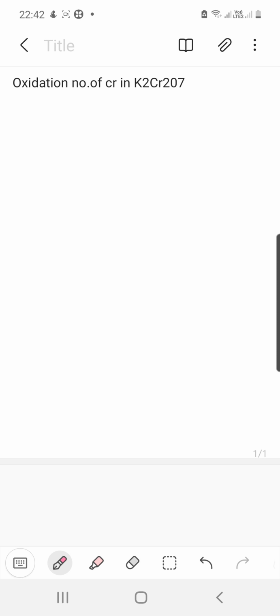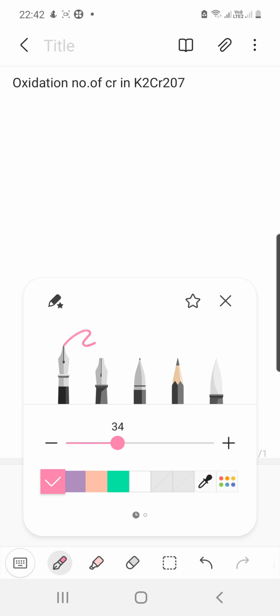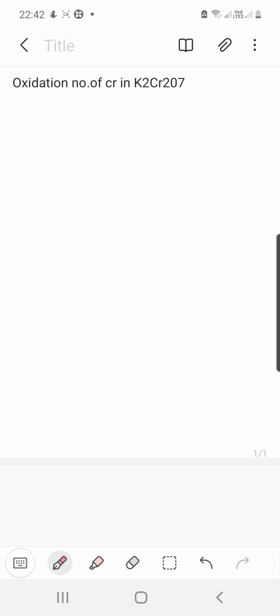Now let us do some examples of oxidation number. Here they are asked to find the oxidation number of chromium in K2Cr2O7.